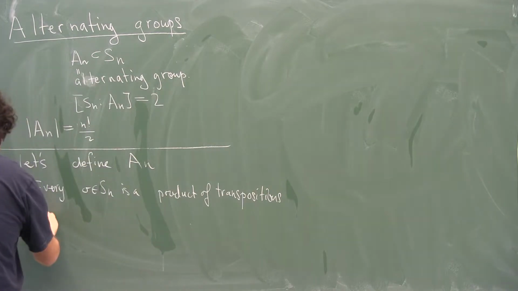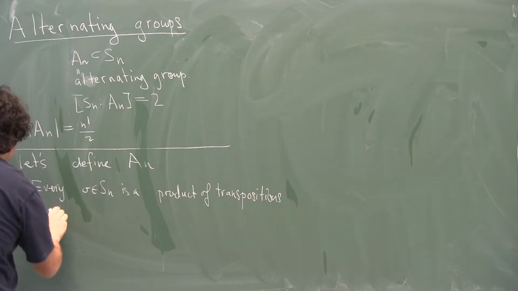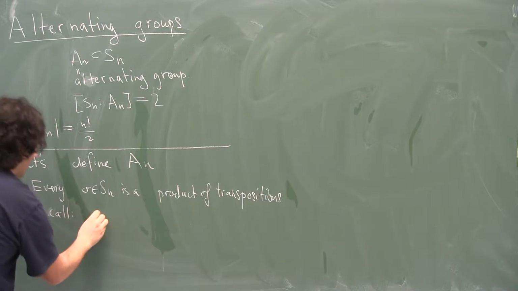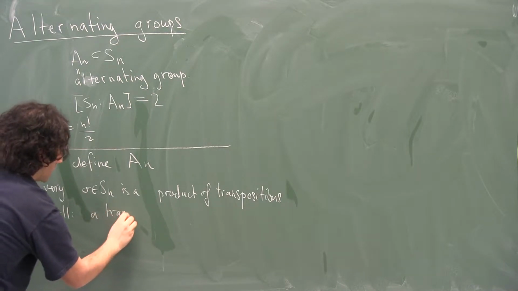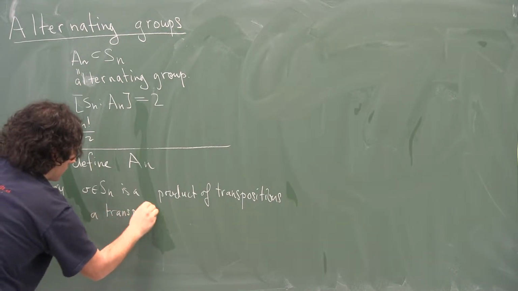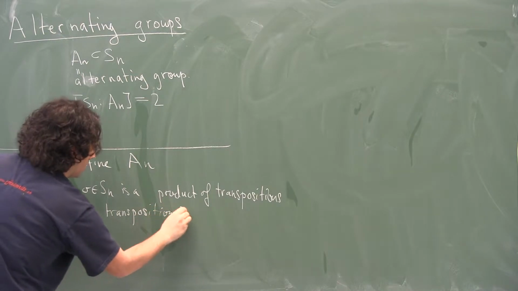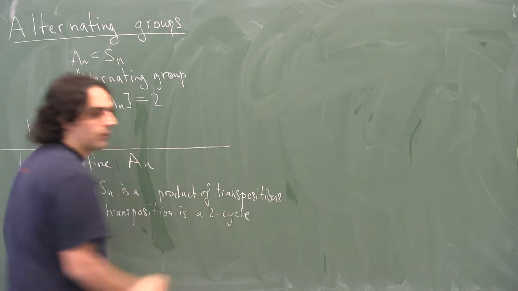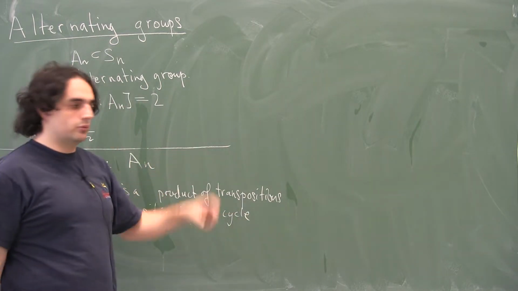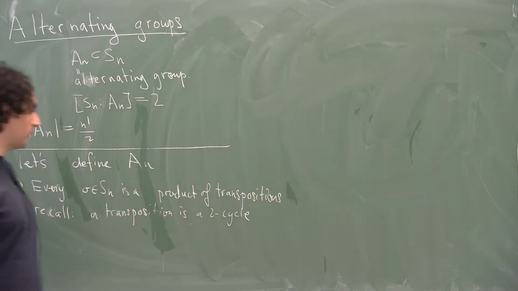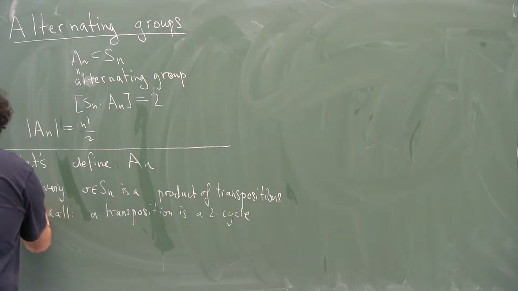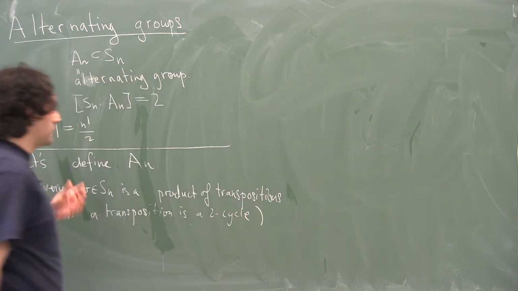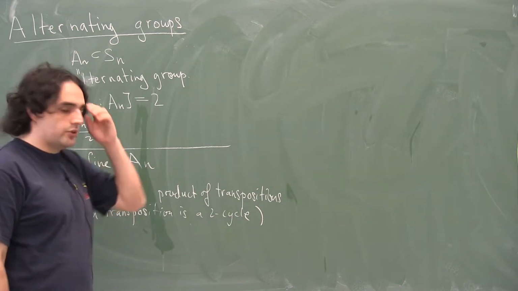So recall a transposition is just a 2-cycle. Okay? It transposes two numbers i and j. So why is it true that every permutation is a product of transpositions?